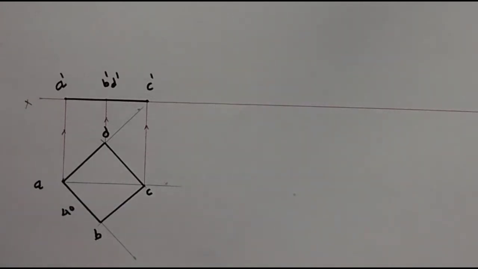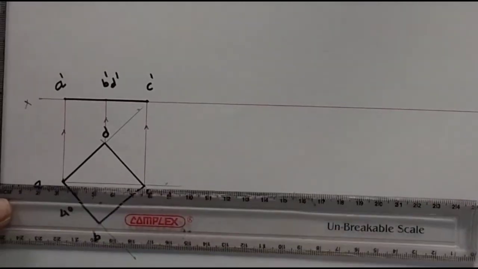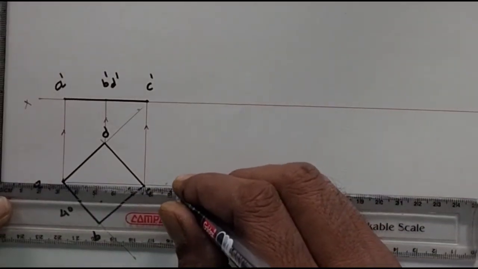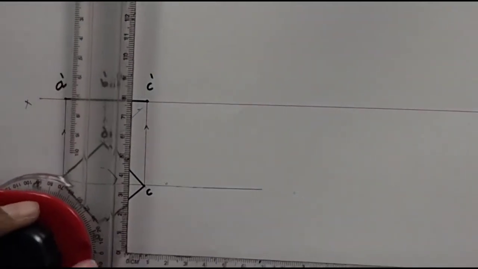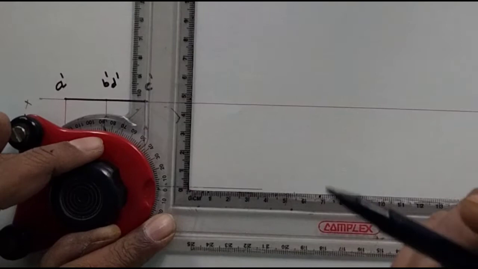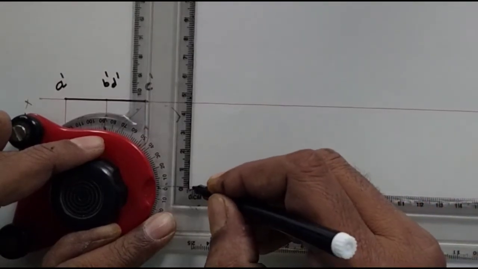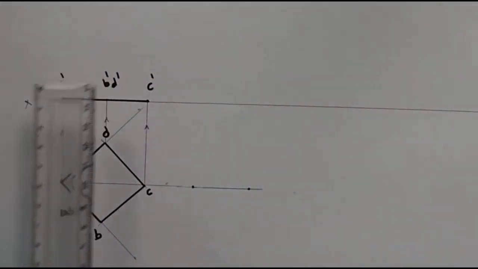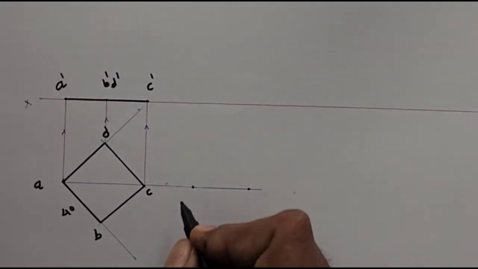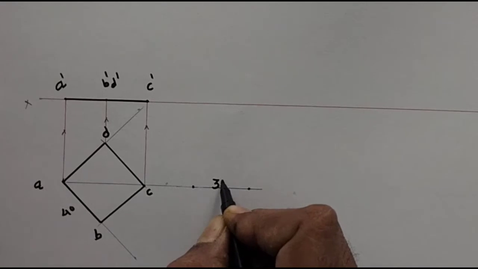So for that, I extend this projection. On this projection, I mark the plan of AC diagonal, 30 mm.